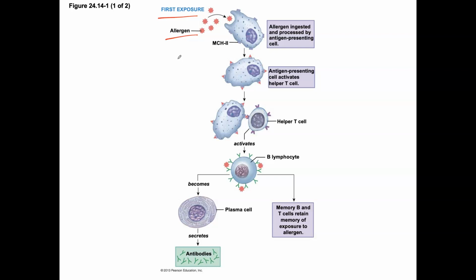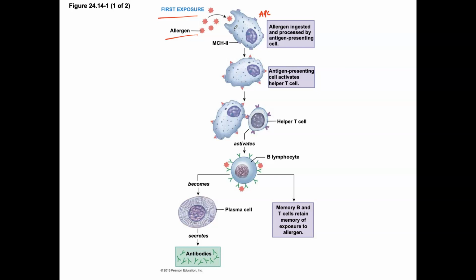Well, what's happening in your first exposure is a sensitization phase. The macrophages, the antigen presenting cells, APCs, are engulfing the antigen, which is in essence the allergen. The body is treating the allergen as an antigen.